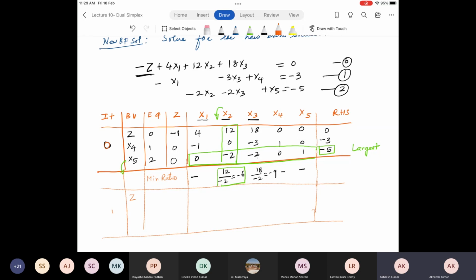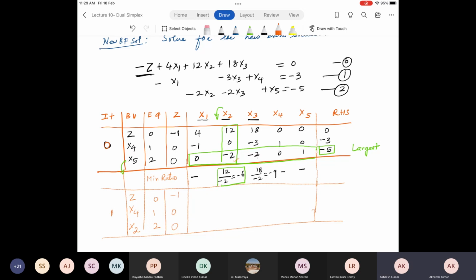So G, x4 instead of x5. Now I have x2 entering the basis. 0, 1, 2, -1, 0, 0. Okay. So once you got this, as our standard practice, this should become +1 and everything above it is 0.